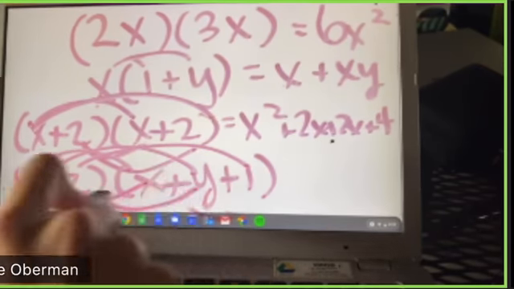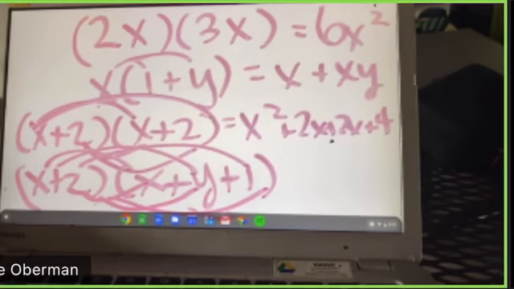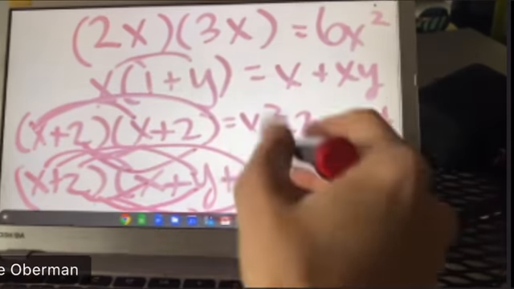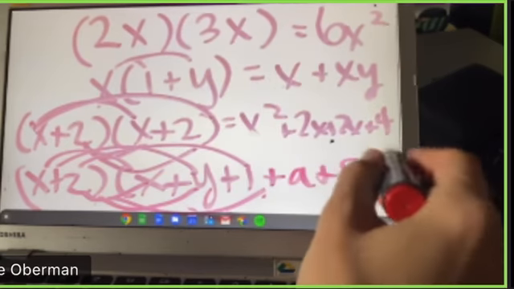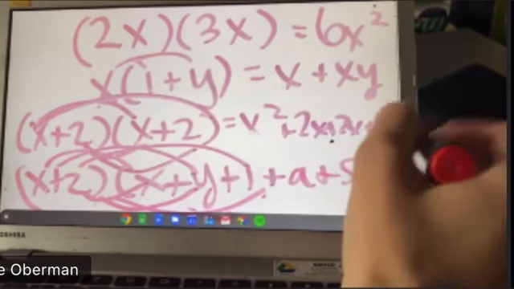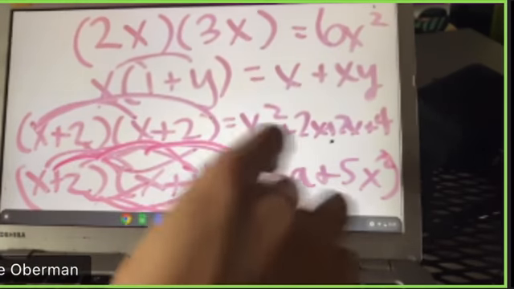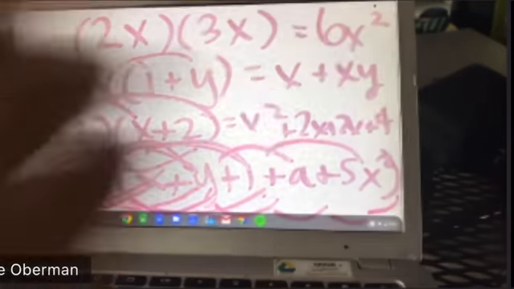You would do the binomial times the trinomial, just distribute both parts of the binomial onto each of the terms, even if this was super long. If it was like plus a plus, let's say 5x squared, you would just do x times each of these things, and then the 2 times each of these things, and then you simplify. Does that make sense?